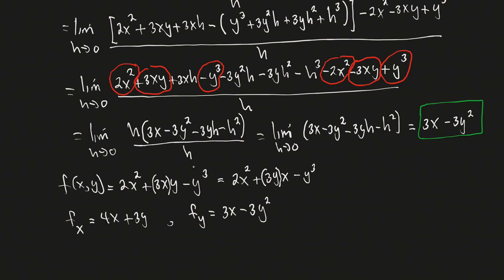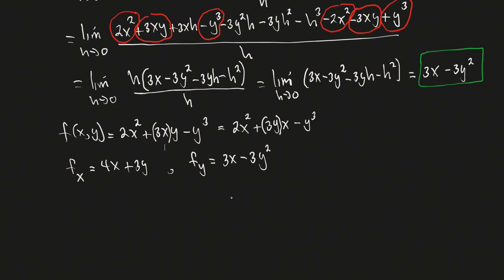And then when I look at this term, when I differentiate with respect to y, I get my regular power rule. You bring down the 3, subtract 1, there you go. So it appears, and it's not just an appearance, it is in fact the truth, that when differentiating with respect to x, we treat y as a constant, and we use our standard rules for differentiation, right?